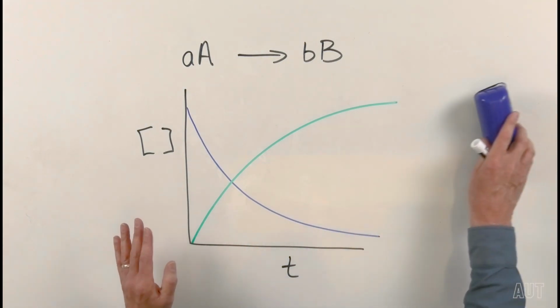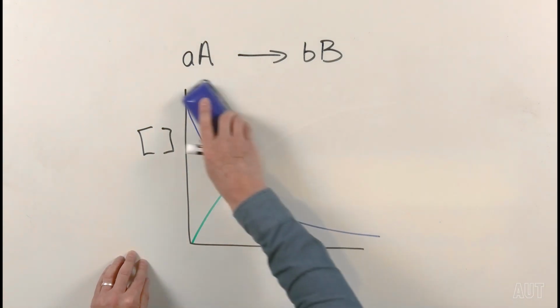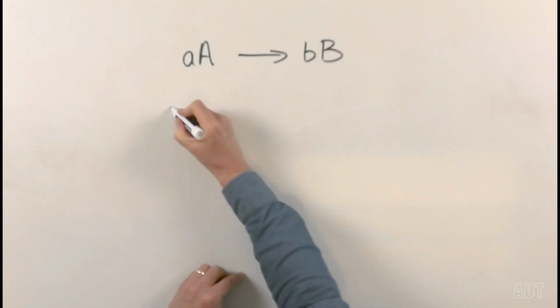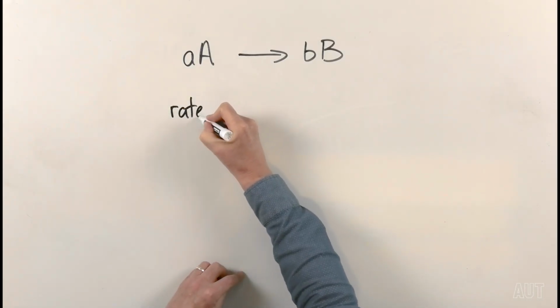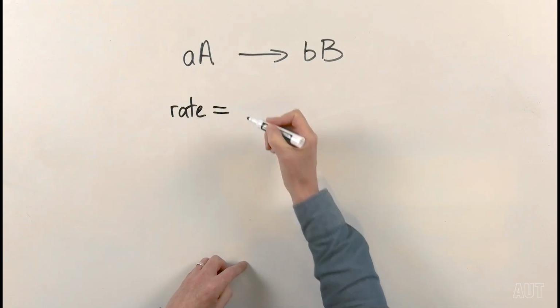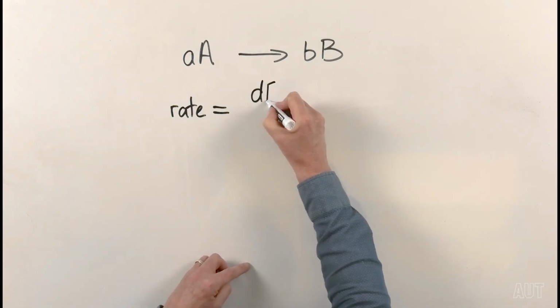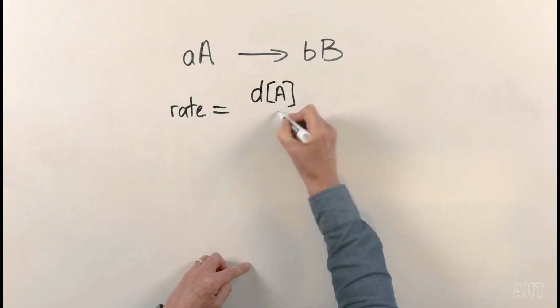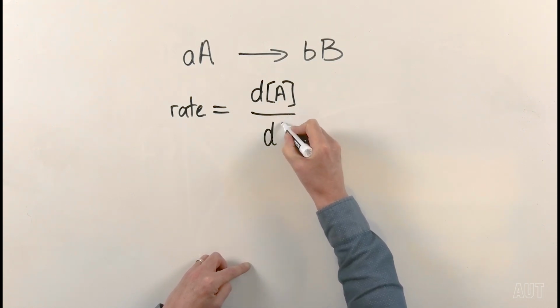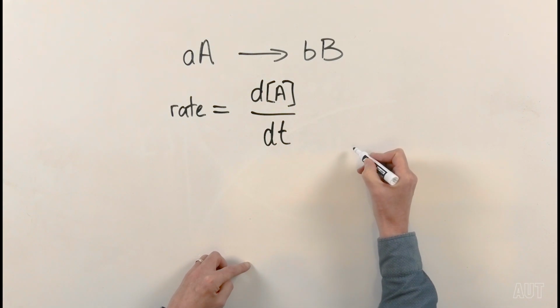Okay. So let's then get into what looks like maths, okay? And we're going to say, okay, we are going to now define what we mean by the rate of the reaction. We are going to say that the rate of this reaction is going to be equal to the rate of change of concentration of A with time.